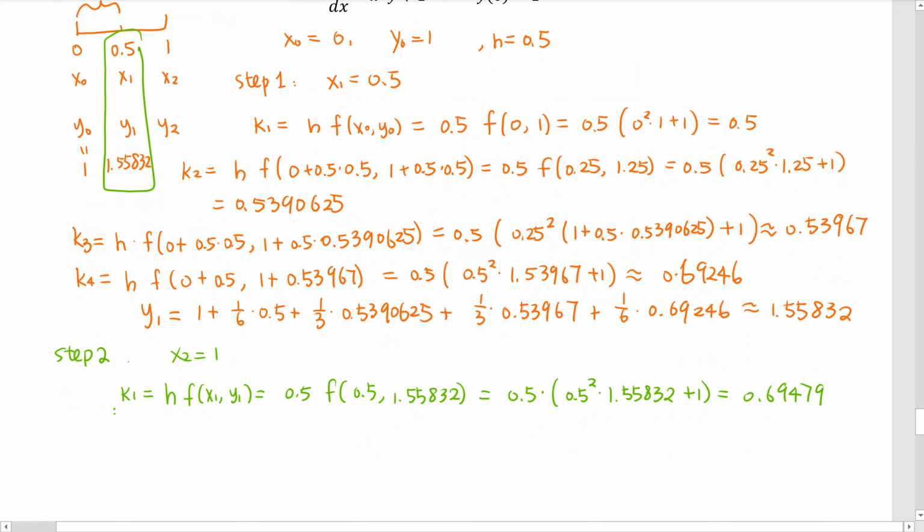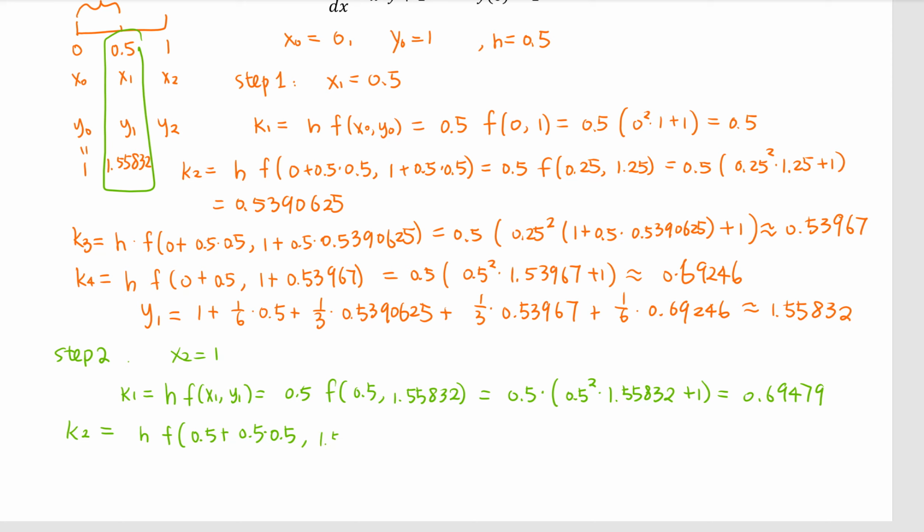Alright. And K2. K2, H is 0.5, right? So okay, we can also put H, and then we have X1, which is 0.5 plus 0.5H. So 0.5, but H is also 0.5. And then we have Y1.